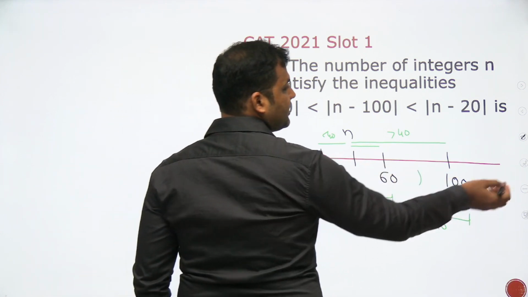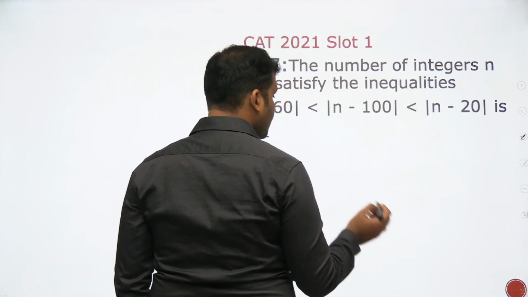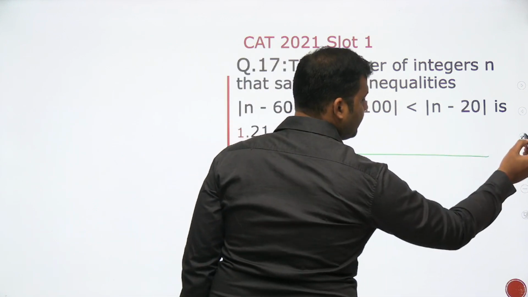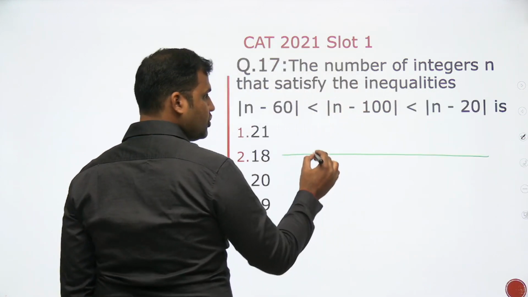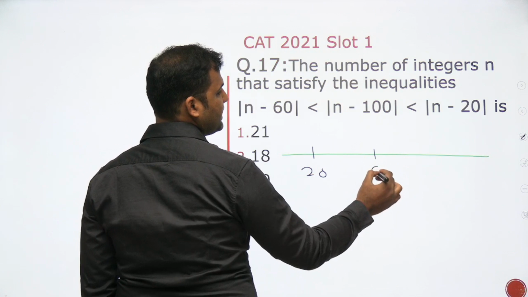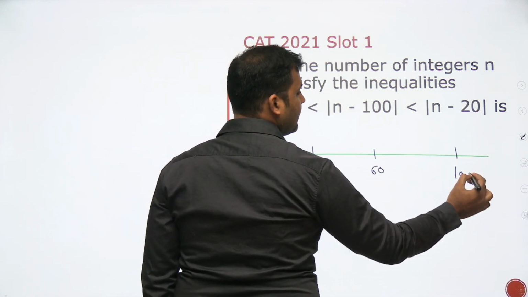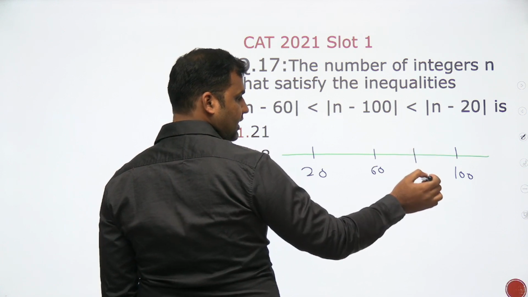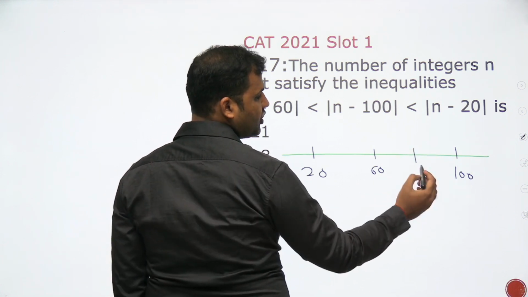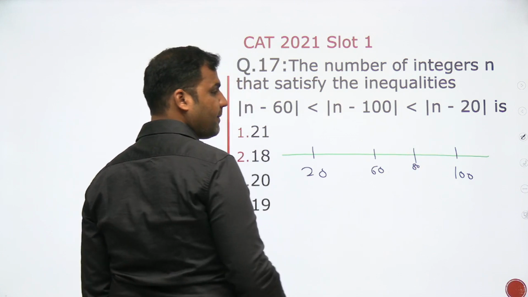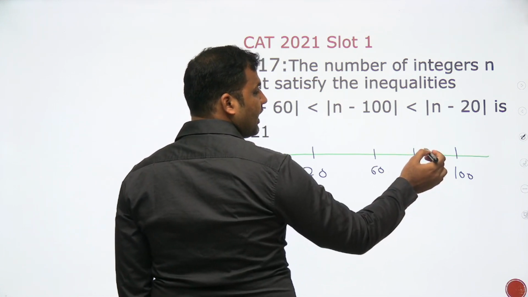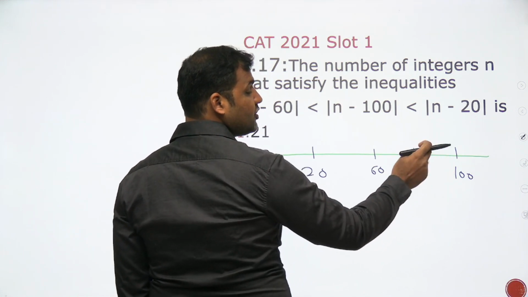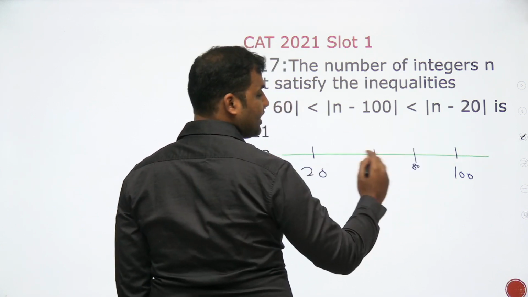So now we are left with this region, right? Let's go for the next value, right? Next region pick करते हैं. 20, 60 and 100. Now let's say that if I'm picking the value n here, right? See, 60 और 100 के बीच में एक point आएगा 80, right? If I'm going to pick n on the right hand side of 80, that tells me कि n का distance middle point से थोड़ा right में है, right?